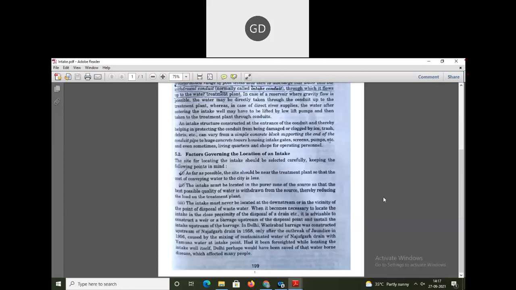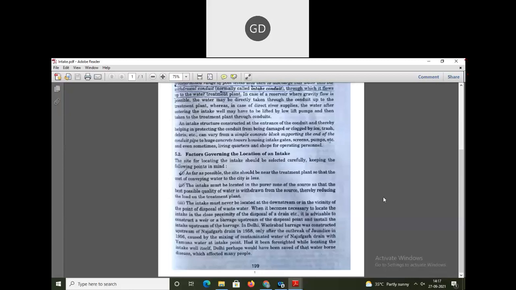The planners have to carefully select the location of our intake, where you are going to put it. So what are the factors?